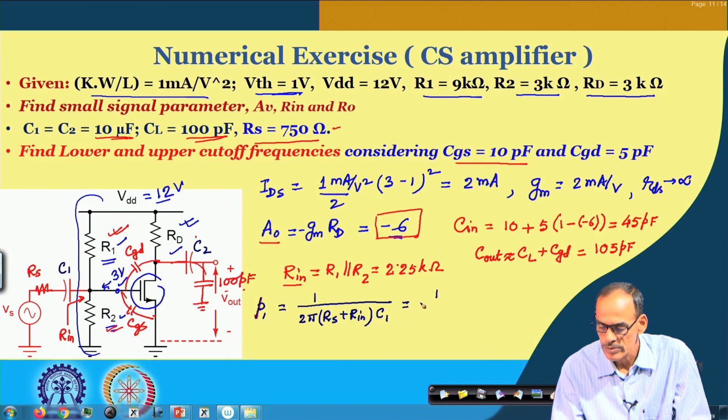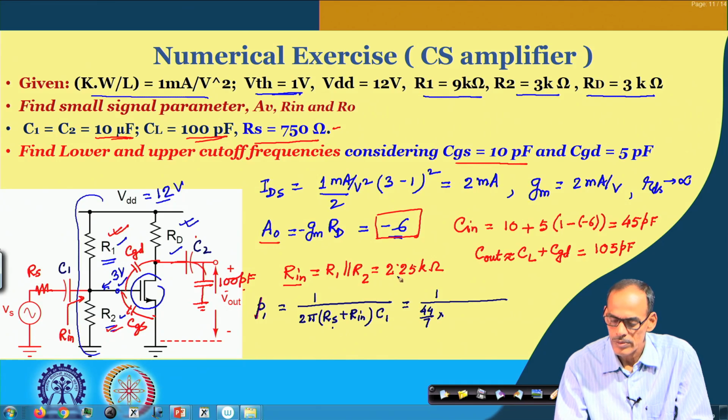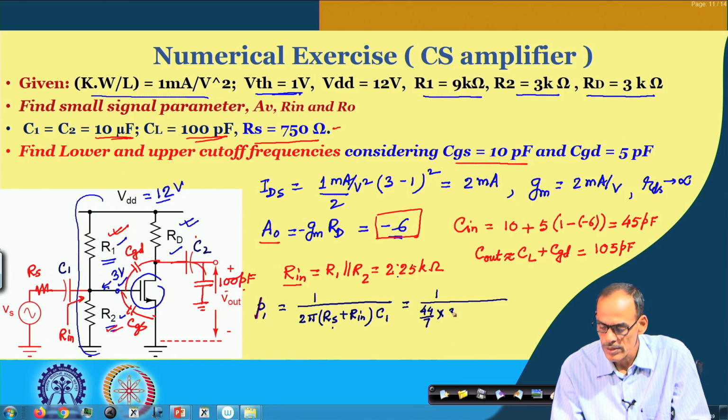That is equal to 1 by 2 pi into, with the series connection of R s and R in, it is actually 3 k, and then C 1 is 10 to the power minus 5.